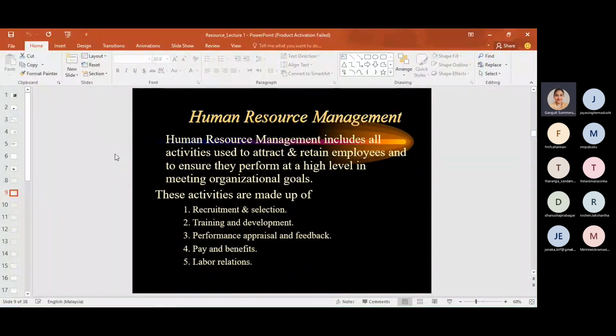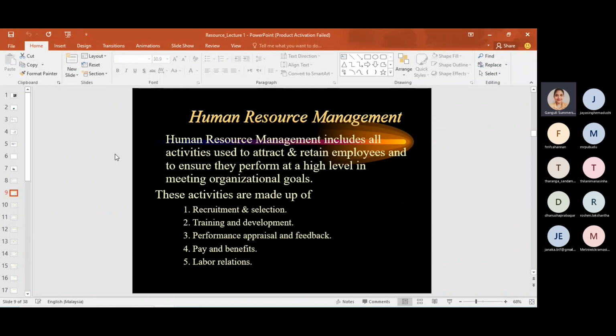So when it comes to human resource management, just recruiting your employees is not sufficient. When you do human resource management, you should recruit, you should hire employees. At the same time, you should retain your employees as well.